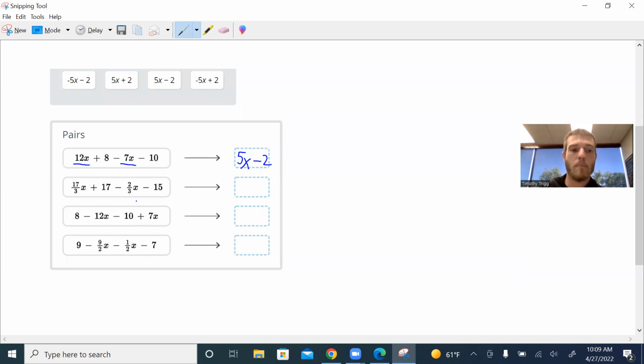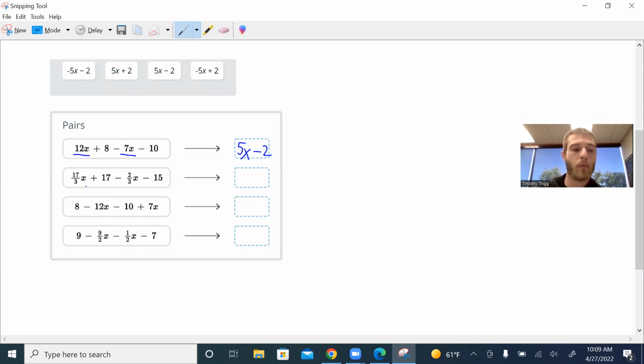Again, just combining like terms with this second example. 17/3 x minus 2/3 x. Don't be alarmed by the fractions. It's not a big deal in this case, because when it comes to adding and subtracting, you need to have the same denominator. We already have that.